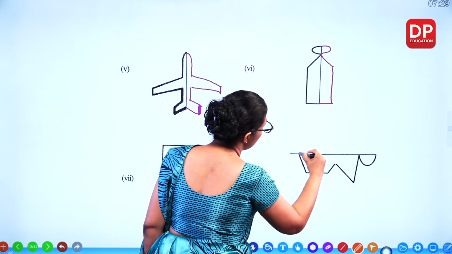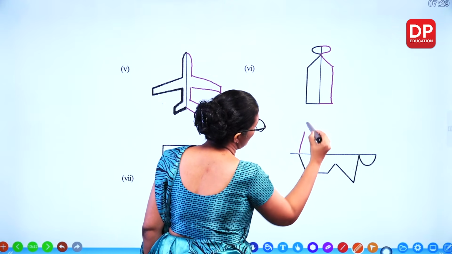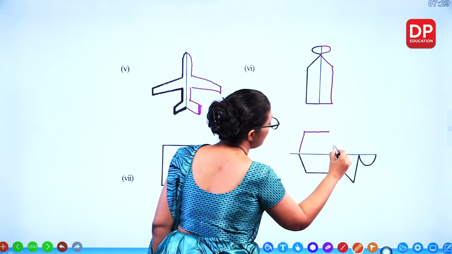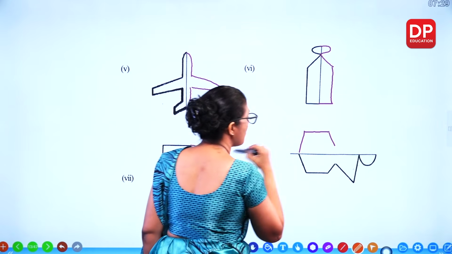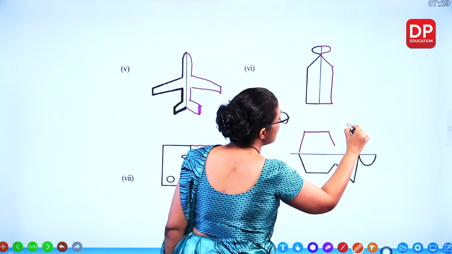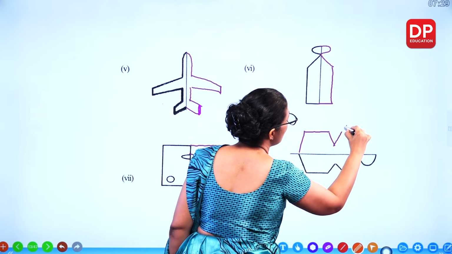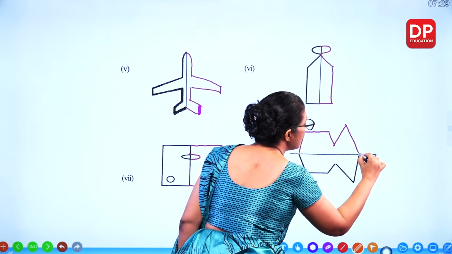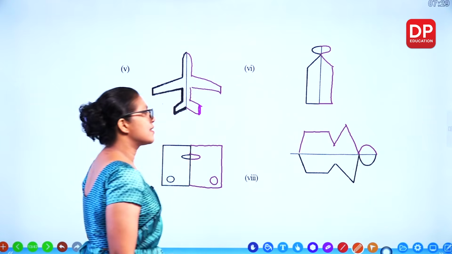And this one you draw something like this, a horizontal line, and then coming down and going up like this, and then a circle like this.